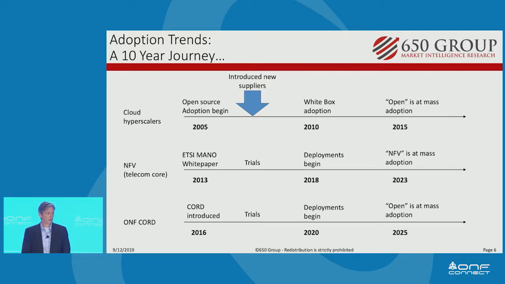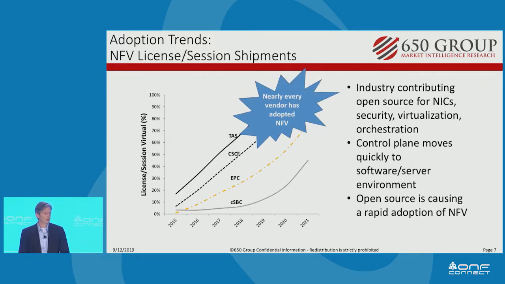And just to share with you a little bit more, I want to talk about what is now happening with NFV, just to drive this one a little further. So NFV licenses and sessions, the way we count them, has undergone a sort of 0 to fast adoption, and we're now at various rates according to technology types like telephony application server, CSCF, and so on, where you can safely say the market has adopted it.